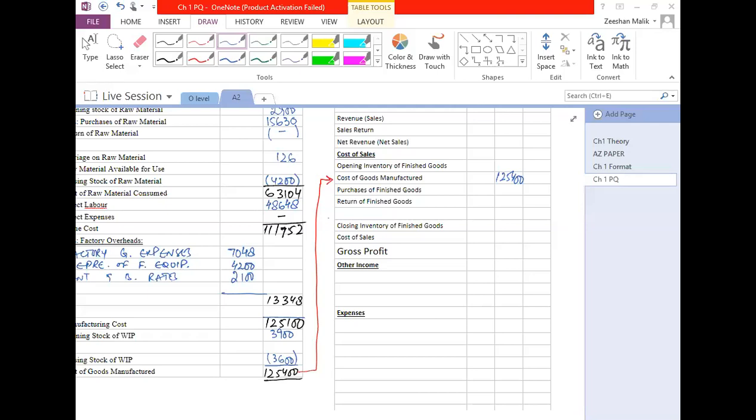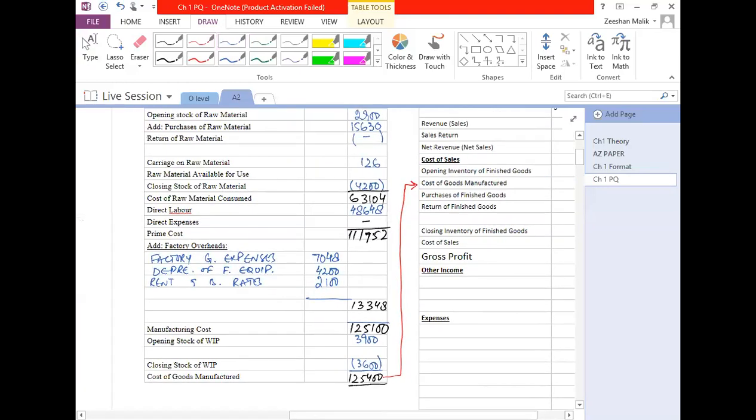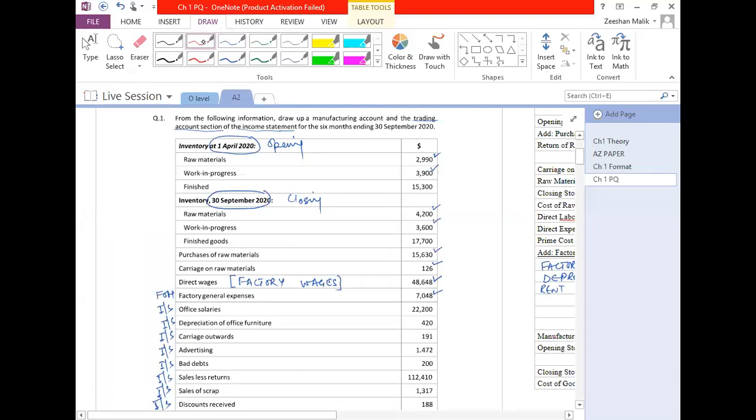Is the class with me? Now you can make the income statement.